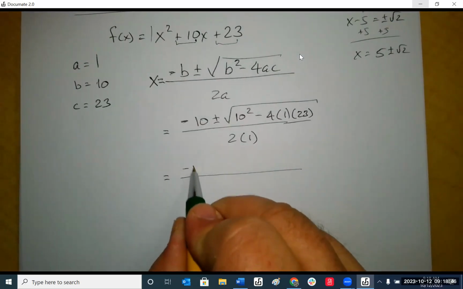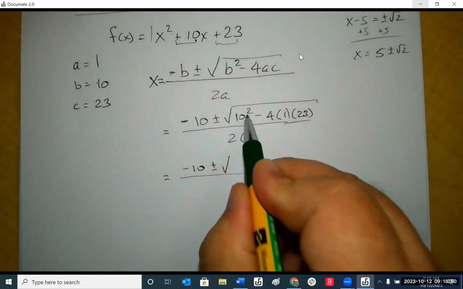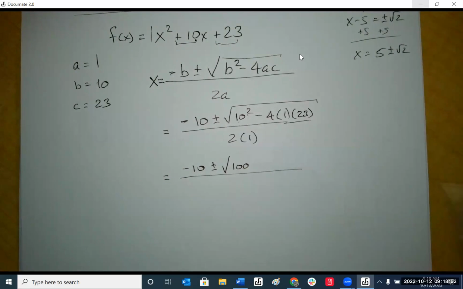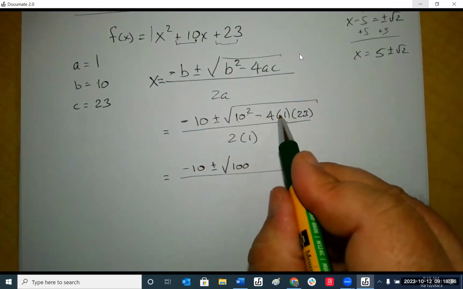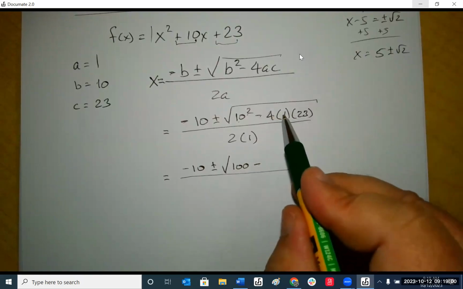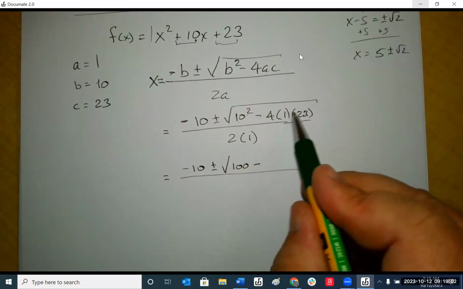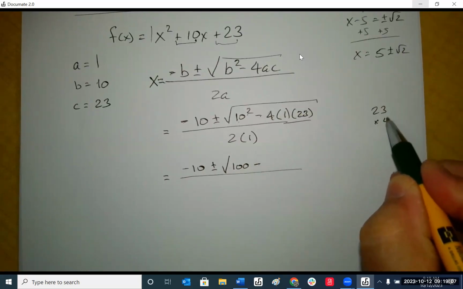Let's work these out. 10 squared is 100. Negative times positive is negative. 4 times 1 is 4. 4 times 23 is 92.